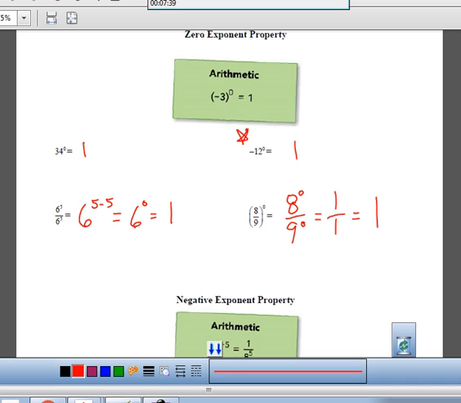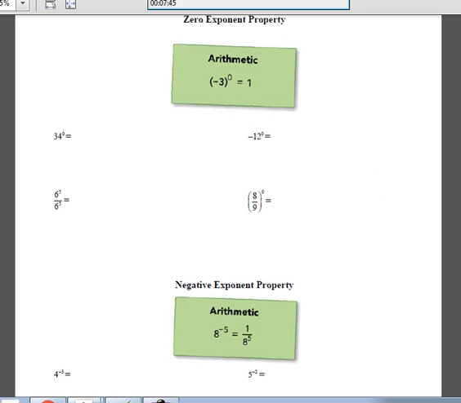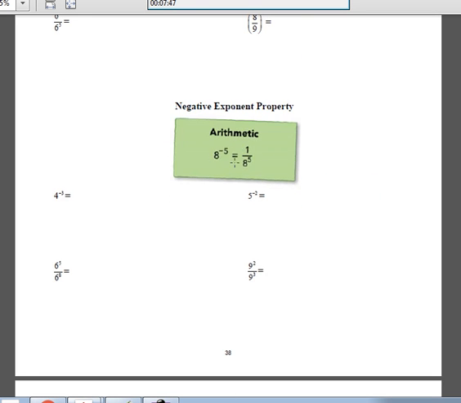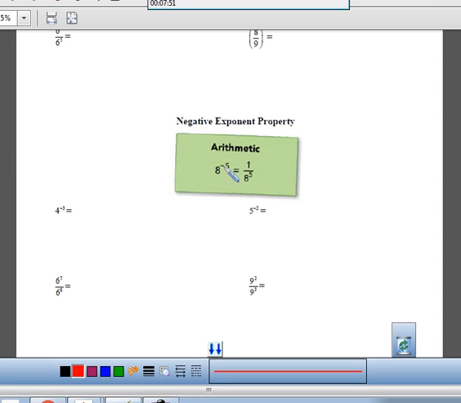Nice and easy. Alright, so let's move down to the negative exponent property. So we have our little summary here. Basically, to make your exponent a positive number, we are going to take the reciprocal.